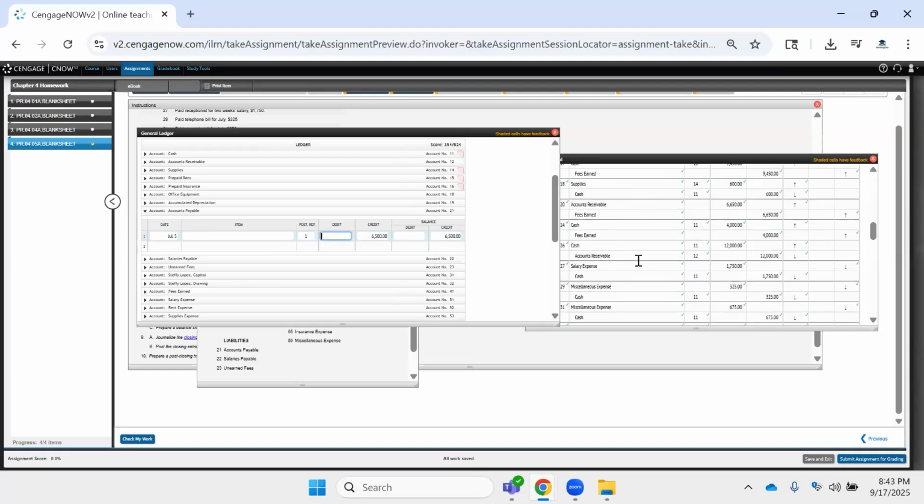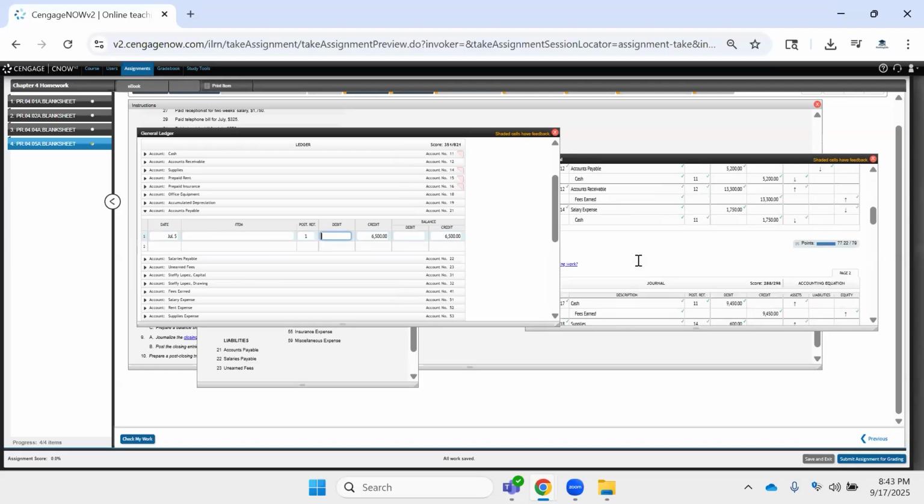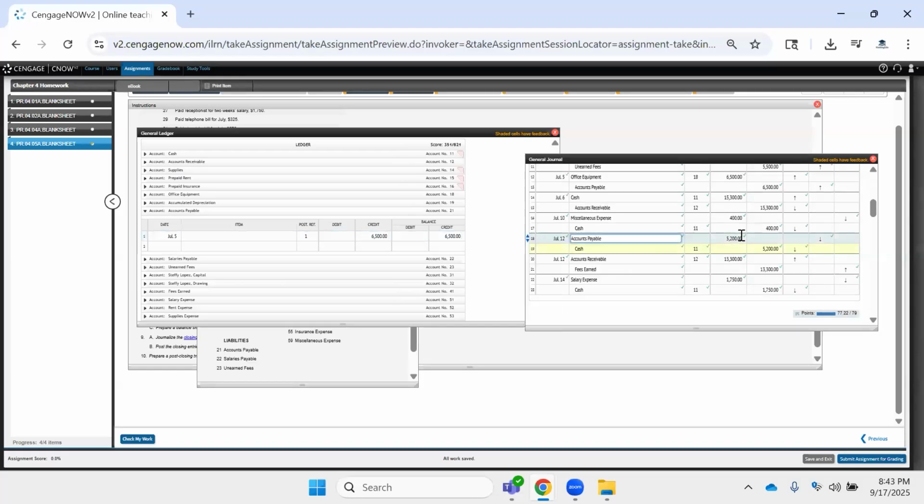And then we paid some of the accounts payable, which was our debit. Also on page one, we paid this on July 12th. And so our accounts payable balance is 1,300.